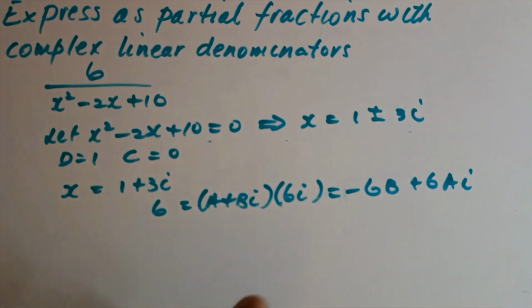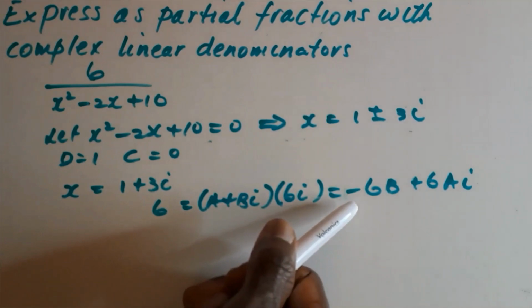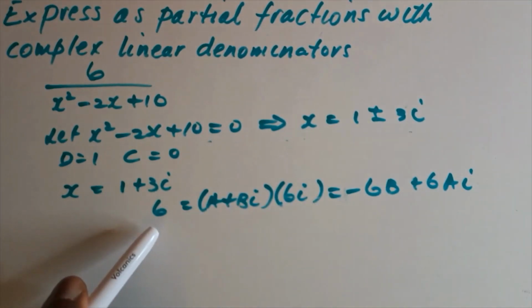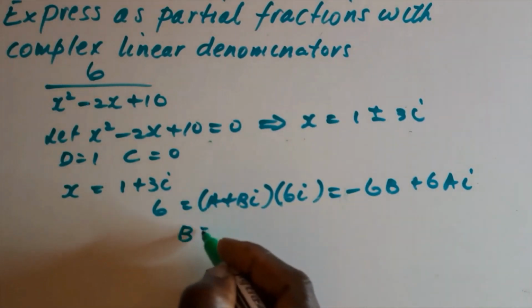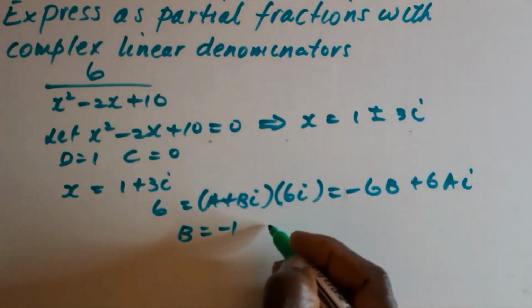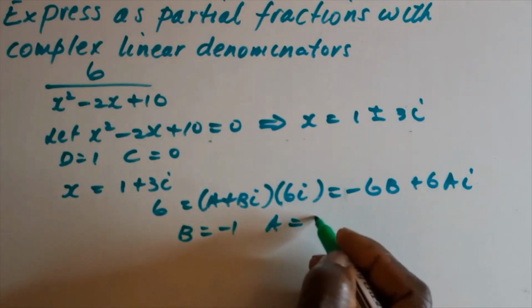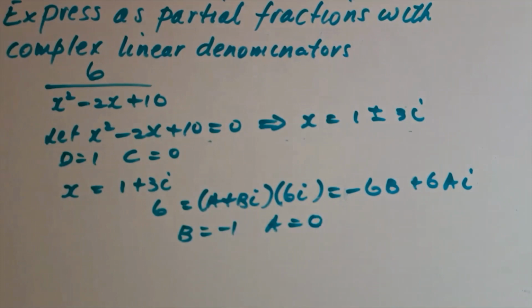We have no imaginary part, so a is 0 and b is negative 1, because minus 6b is equal to 6, so b must be negative 1. So b is negative 1 and a is equal to 0.